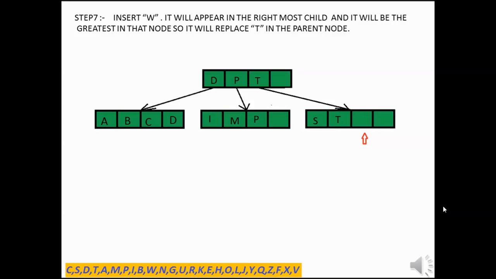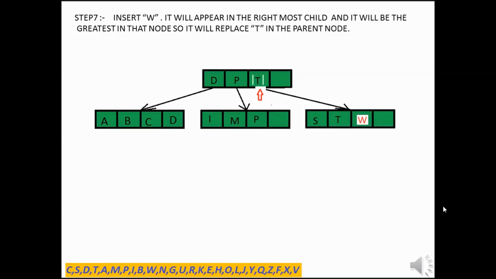That node contains S and T. Now compare W with these two elements. Since W is greater than both, it will become the third element, the rightmost element, of this node. Since it is the greatest element, it has to be promoted to the parent node. So W will replace T in the parent node. See the slide and the movement of the arrow, you will come to know.